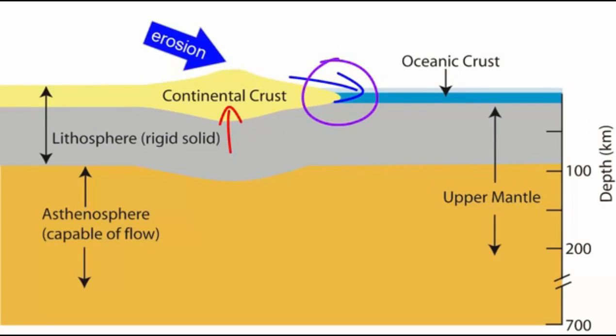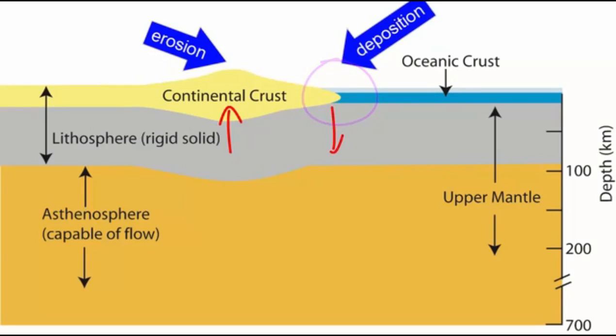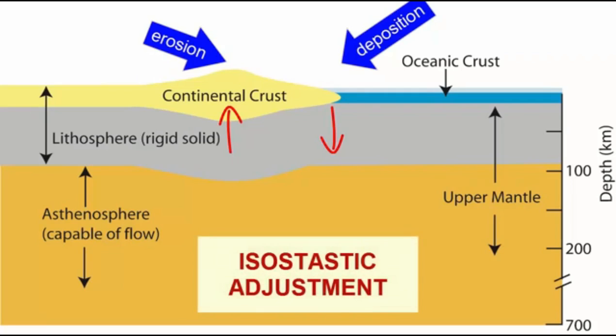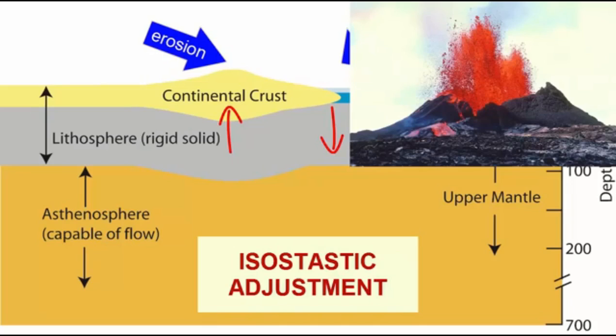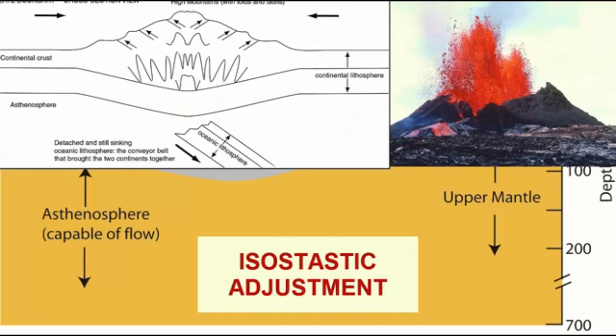And what happens when the eroded sediment is carried to the coast and dumped on the edges of the continental shelf? The land there will sink under the weight. So Earth's surface is continually rising and sinking isostatically as weight is removed or added by erosion, deposition, volcanic eruptions, mountain building processes, and other processes related to plate tectonics.